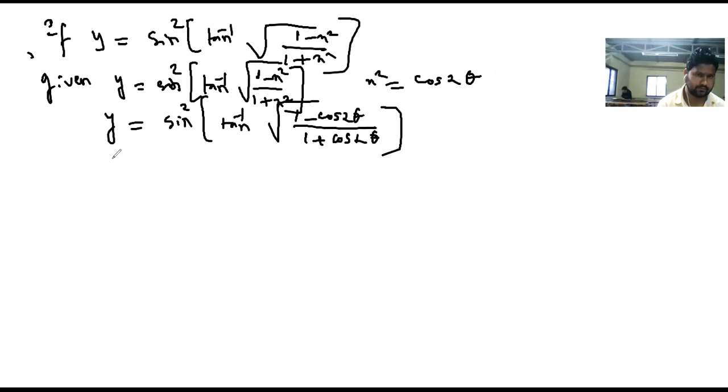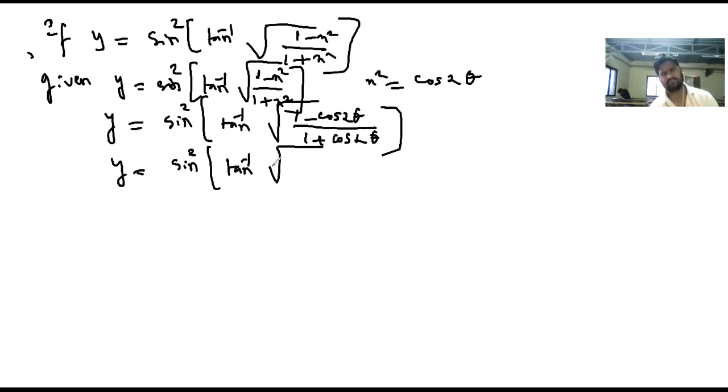Then simplifying, y equals sine square tan inverse of, so what is 1 minus cos 2 theta? It is 2 sin square theta. Then divided by, what is 1 plus cos 2 theta? 2 cos square theta.